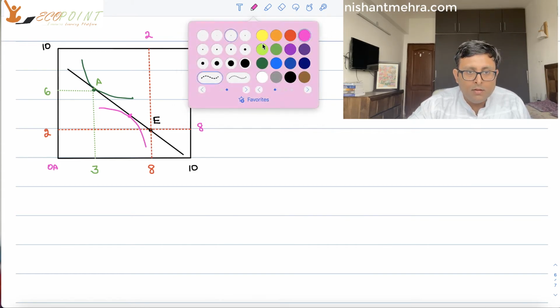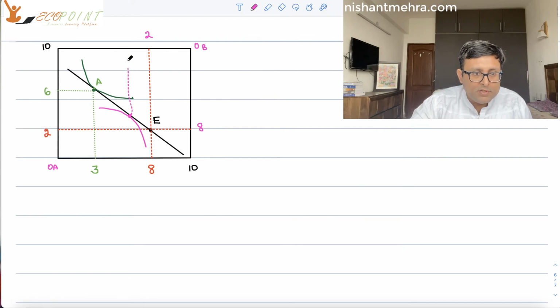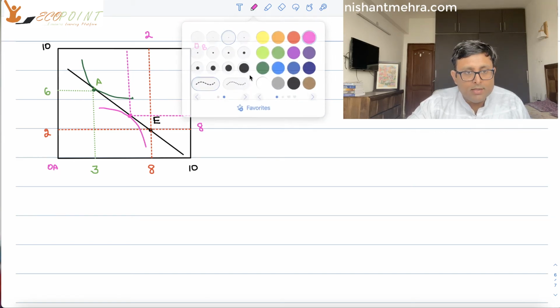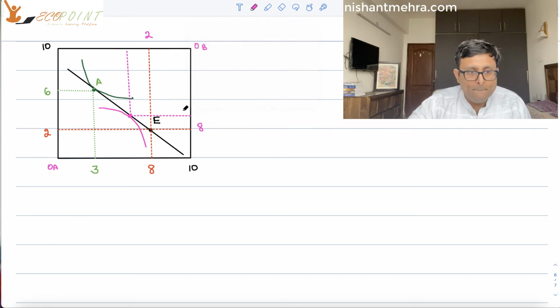This is what your highest indifference curve is, and let us say you are consuming here. So you want to consume more X, and whatever, this much of Y, something like this.